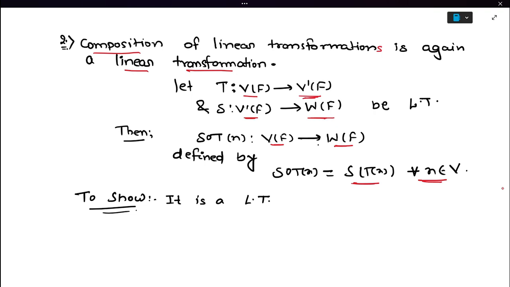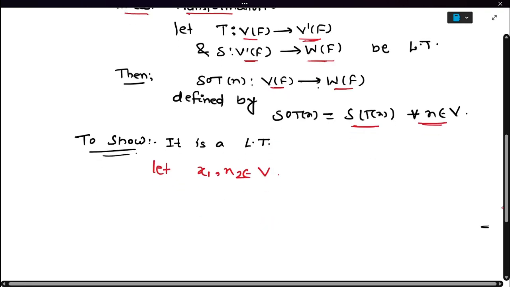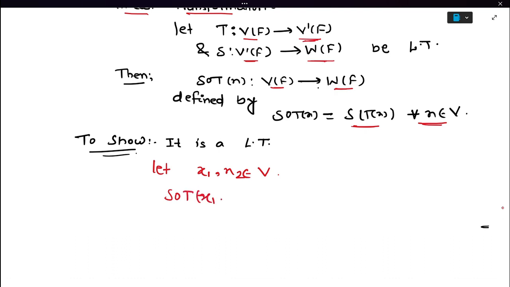Now we will show it is a linear transformation. How will we show it? Let x1, x2 belong to V, a vector space. We need to show S of T of x1 plus x2 equals S of T of x1 plus S of T of x2.